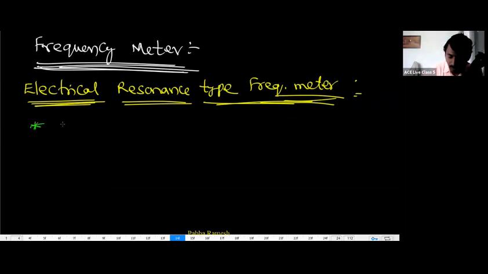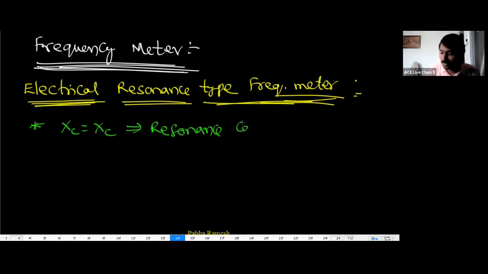What is the resonance topic here? XL is equal to XC. This is the main concept, called the resonance condition. Based on this only, the entire device is operated. XL equal to XC, resonance condition based, it will be operating.